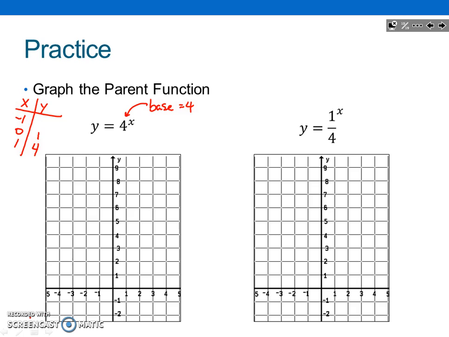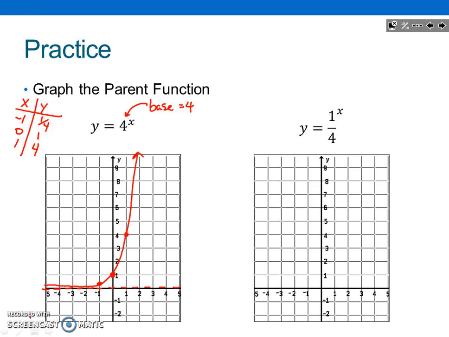So if my base is 4, its reciprocal would be 1/4. Okay? So I've got my 3 points. I'm ready to graph 0, 1, 1, 4, -1, 1/4, and then do not forget, you've also got a horizontal asymptote. Once I have those 3 points and that asymptote, I'm ready to draw my line.